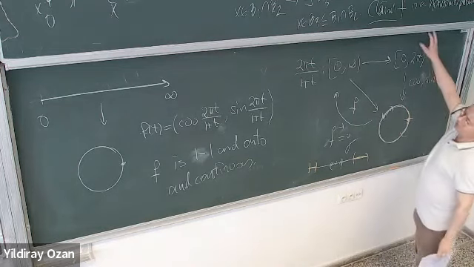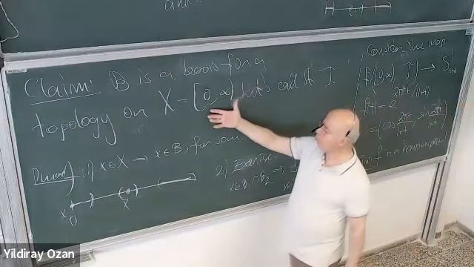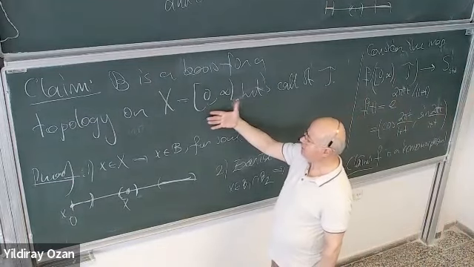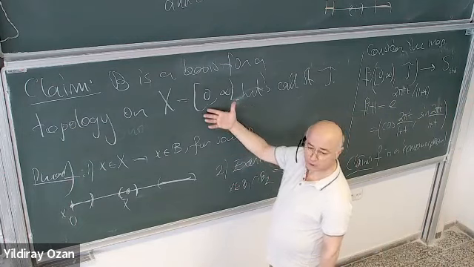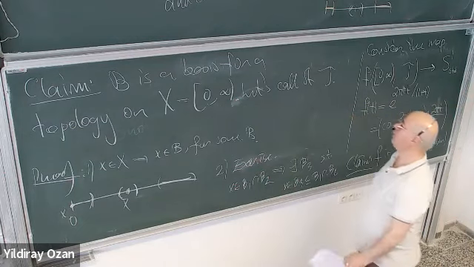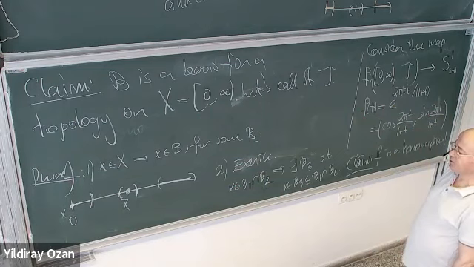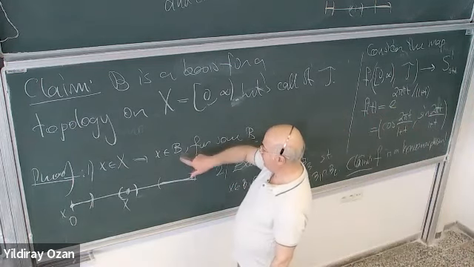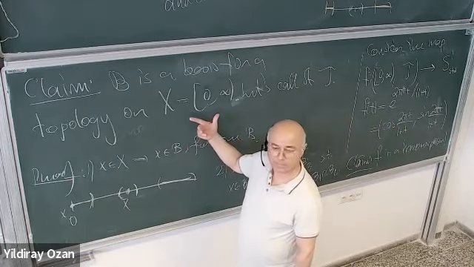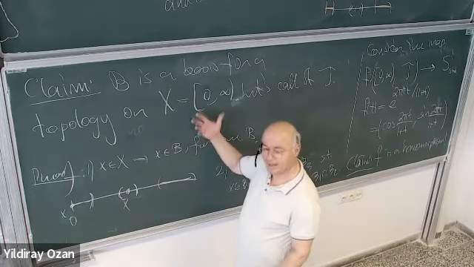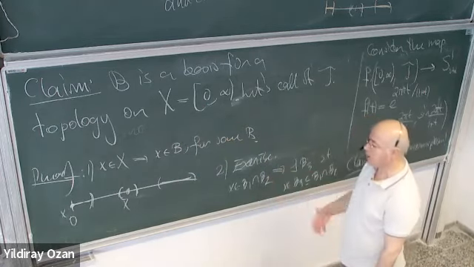So what we see here is a nice example. This gadget with its usual topology inherited from the real line is not a circle, of course, it's not even compact, but I can describe another topology on this, and it becomes a circle. These basis elements are also open in the relative topology, but I have fewer open sets here, not all the sets inherited from R are contained here.